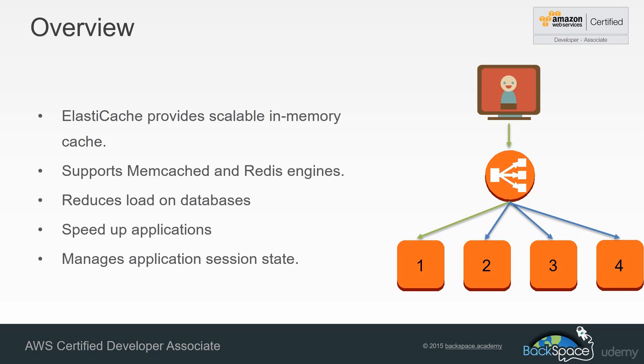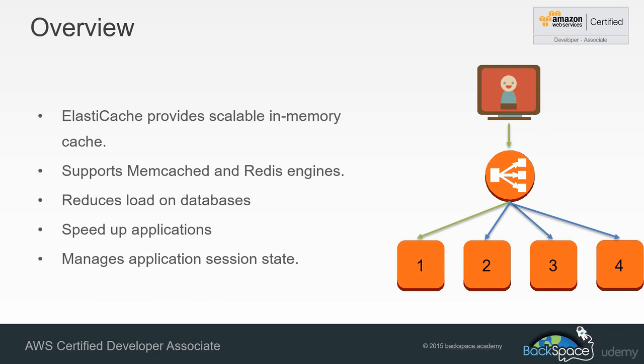Another very good use case is to manage application session state. What we mean by that is, if you have a look at the diagram on the right-hand side, we can see a user who is connected in through an Elastic Load Balancer, and will be connected to one of 4 EC2 instances.